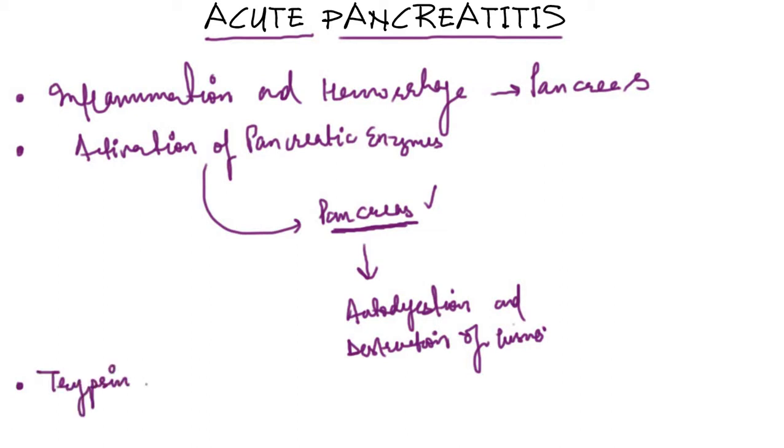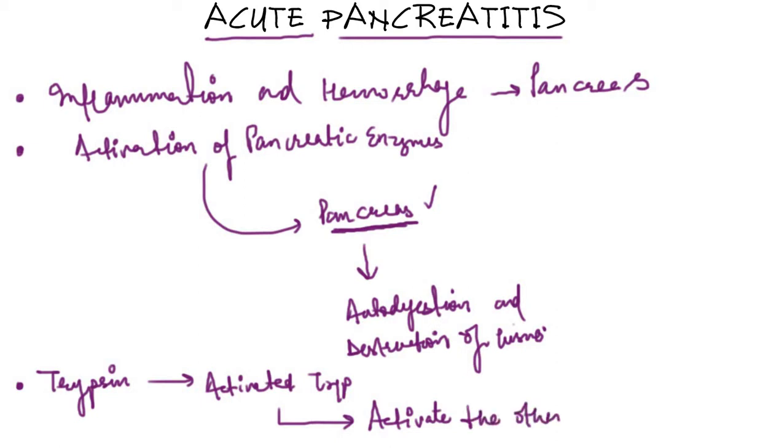Due to certain reasons, trypsinogen is converted into activated trypsin, and this activated trypsin will activate all other enzymes within the pancreas, which will cause the autodigestion and the destruction of the pancreas. So this is all about the definition and the pathogenesis of the disease.